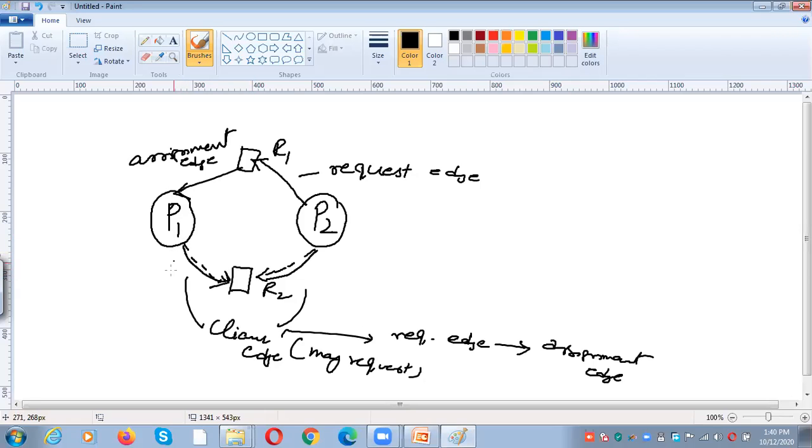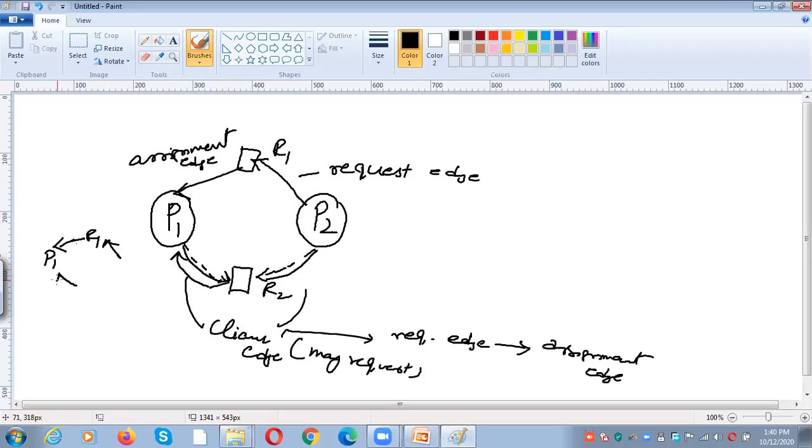For example, if you assign a resource to P1, what happens? There will be no cycle. If you assign R2 to P1, what happens? From this diagram, R1 is allocated to P1.